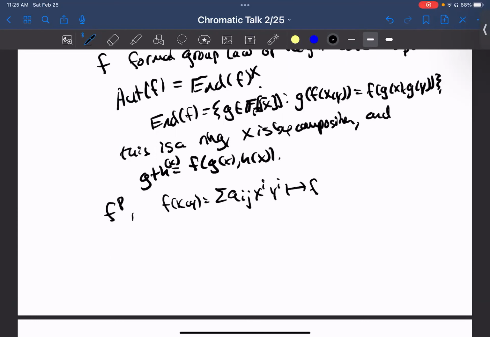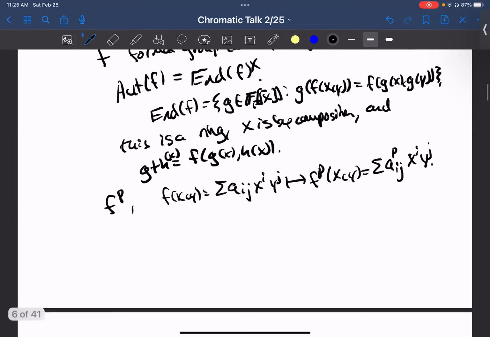And then we're going to map this to F^p(x,y), which is just applying the Frobenius endomorphism on all of these coefficients, so a_ij^p x^i y^j. This is going to give us a new formal group law because we're in characteristic p, so this Frobenius plays well with respect to all of our structure. And we're going to use this to find some more elements in this endomorphism ring of F.